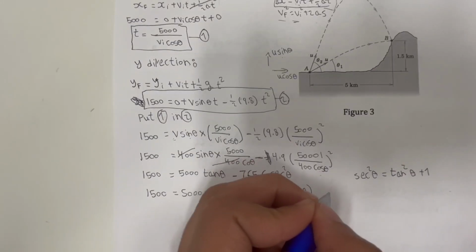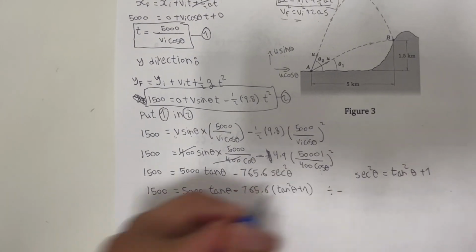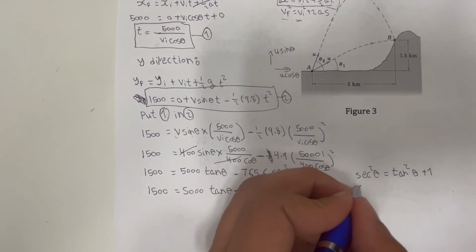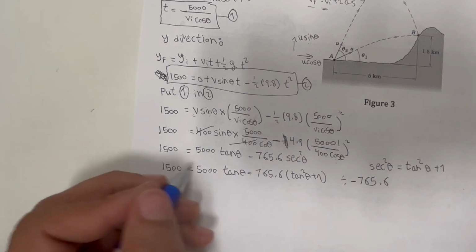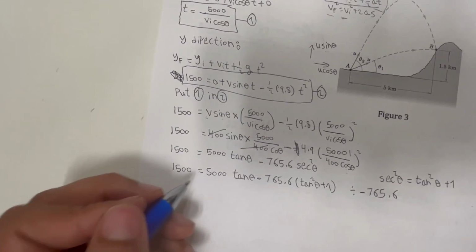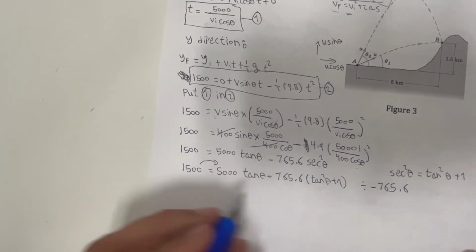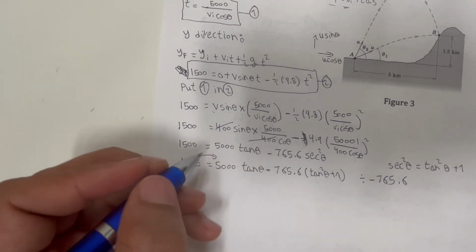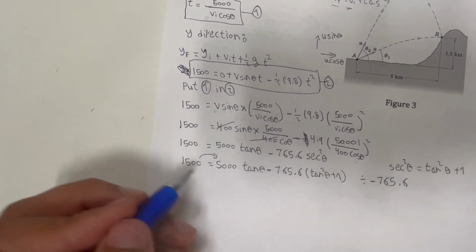I want to get tan squared theta by itself, so divide everywhere by negative 765.6. And I'm also going to take this one. I want to make a quadratic equation, so this one goes with negative, and then it will be divided by negative, so it will be positive.